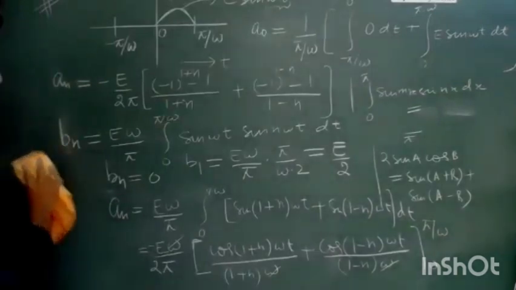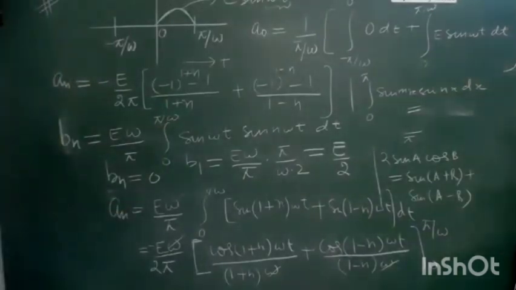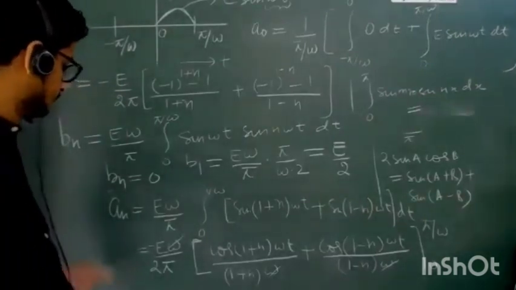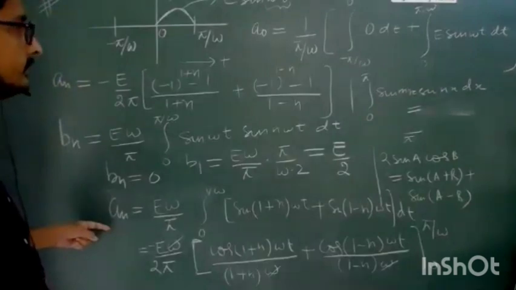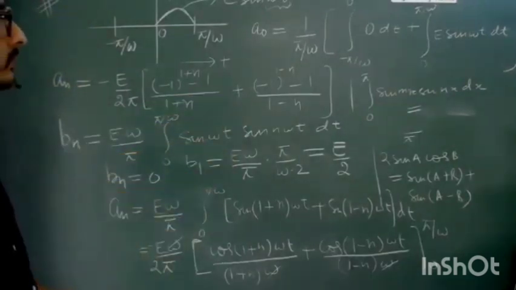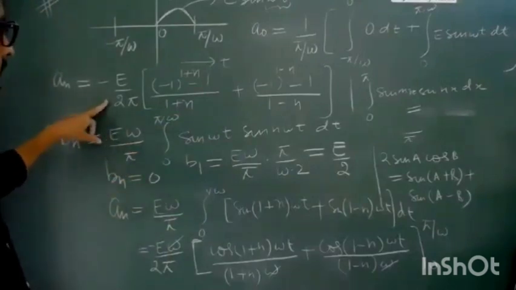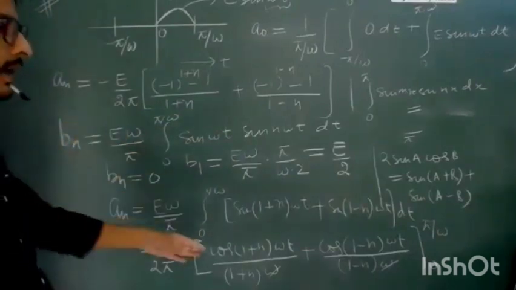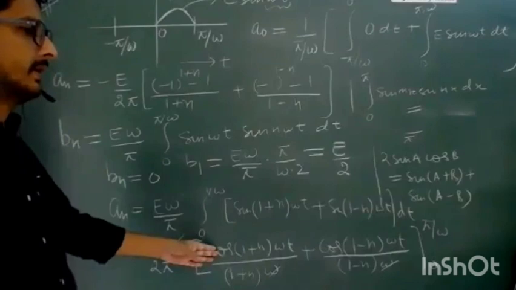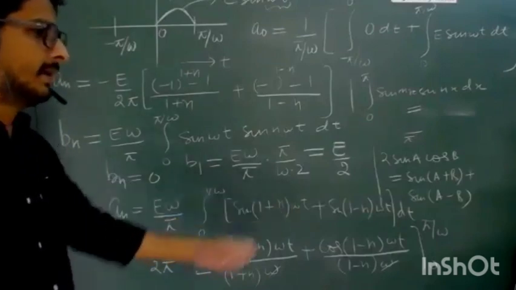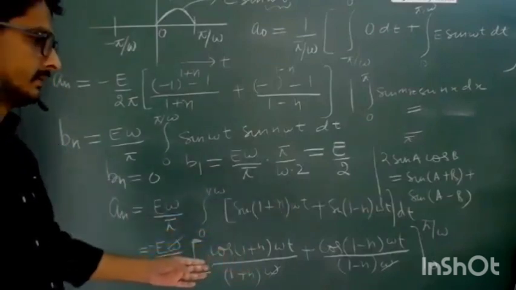Sir, how did this an term come above bn? Do you have to learn class 11th calculus, upper limit minus lower limit?